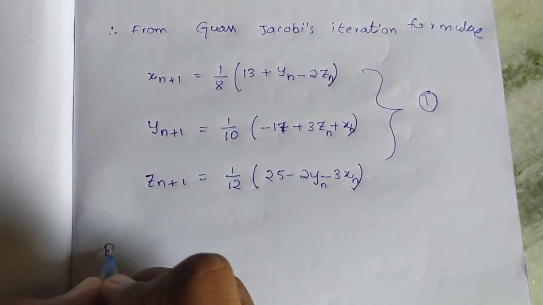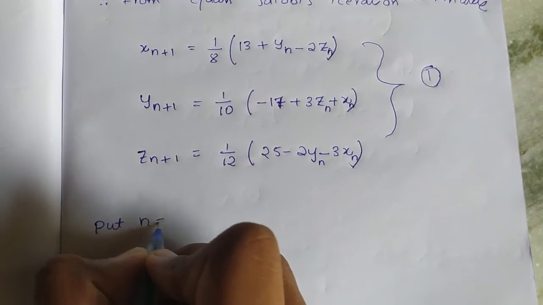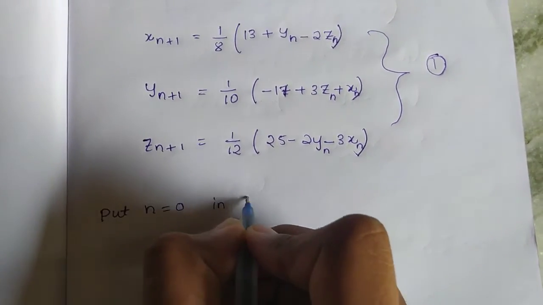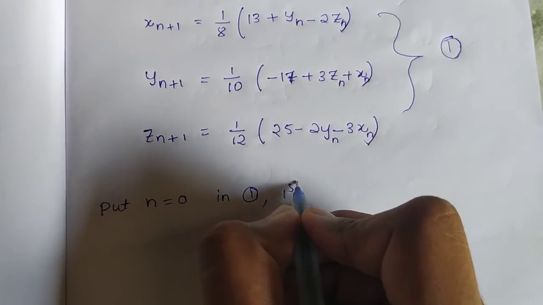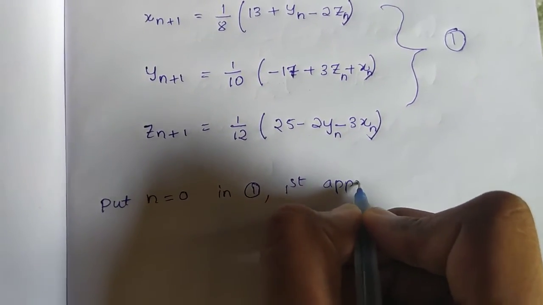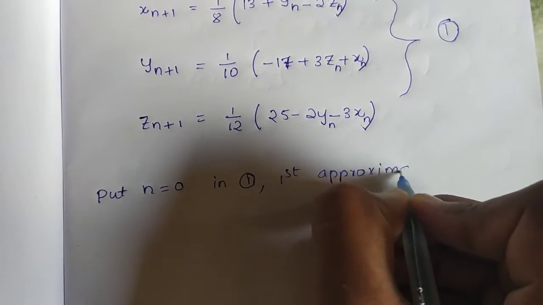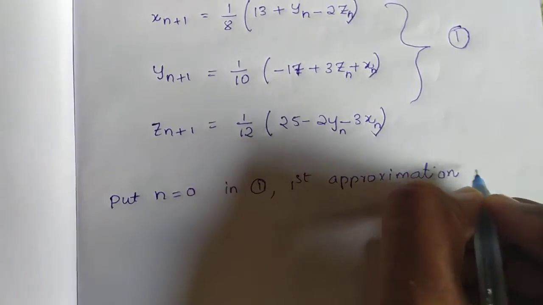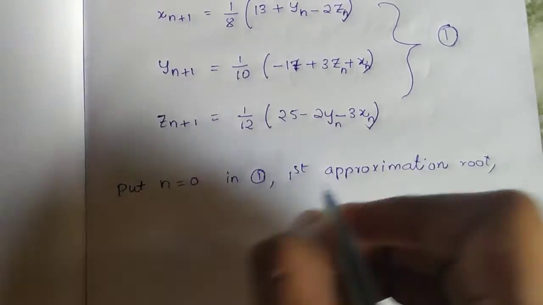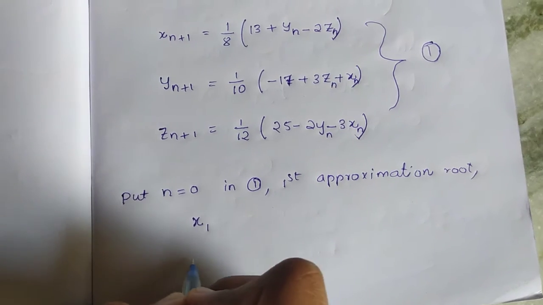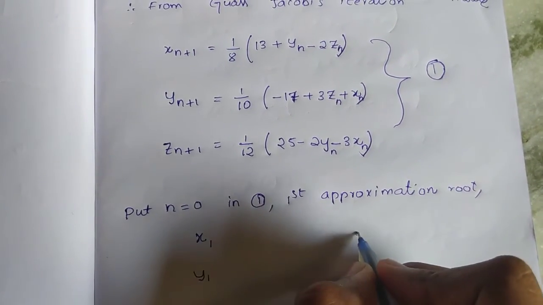Now put n equal to 0 in equation 1. We obtain the first approximation root, that is x1, y1 and z1.